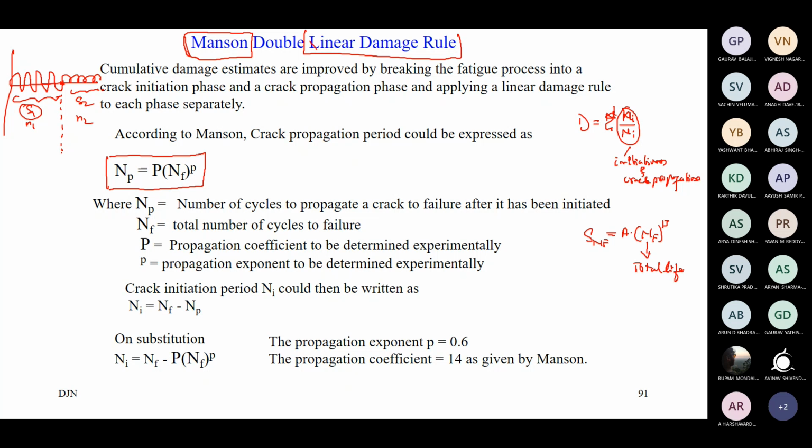In the last quiz which we conducted earlier, with 20 questions, this question was there: the high cycle fatigue approach, the SN approach, is what type of model? The answer was total life. Very few chose this. There is no bifurcation of initiation and propagation. The high cycle fatigue SN approach is a total life model.